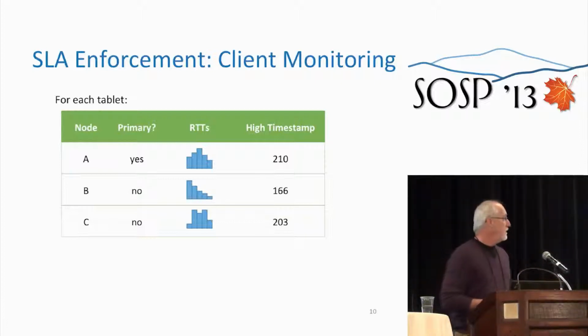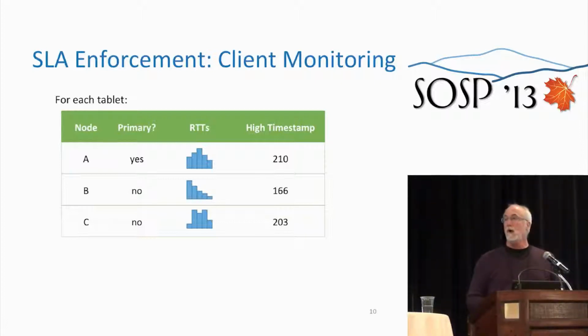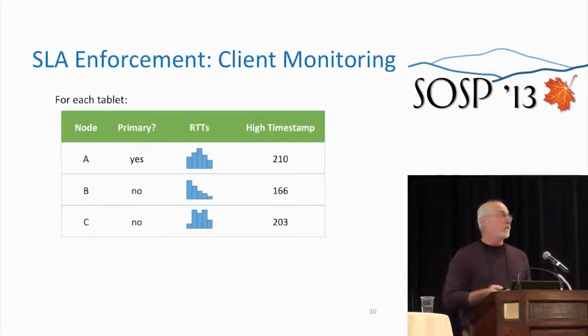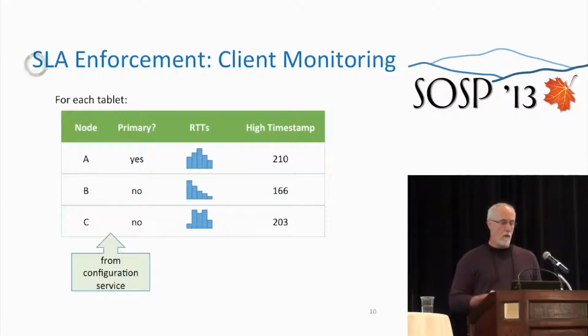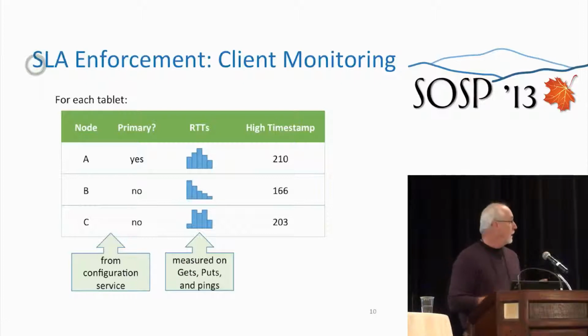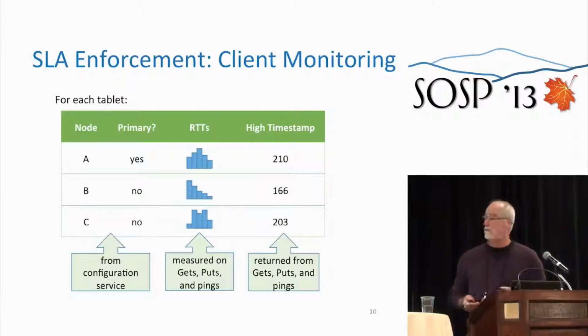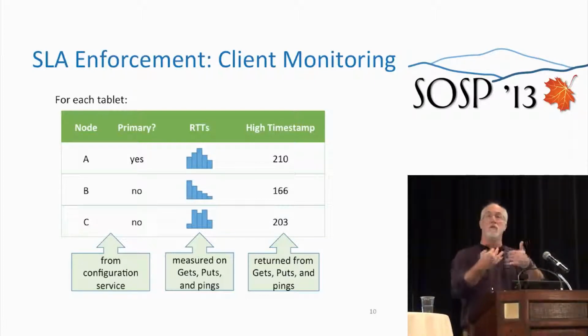Okay, so given this information now, how do clients perform get operations? Oh, I should say that the first information comes from the configuration service and the rest of the information comes from the puts and gets that you normally perform. The other key point that I didn't mention is that each node, when you do a put or a get operation, returns its high timestamp to the client in response to that operation.